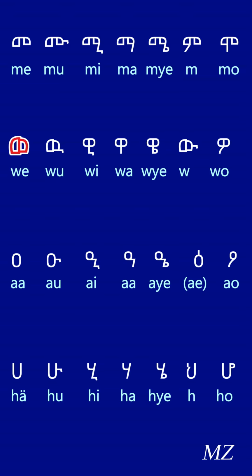We, wu, we, wa, we, wo. A, ru, I, a, e, o. Ha, hu, hi, ha, he, ho.